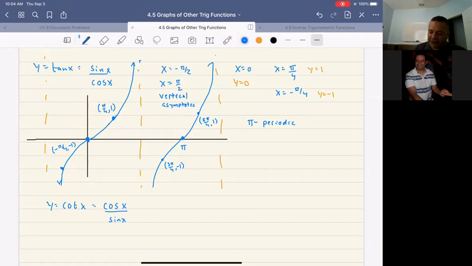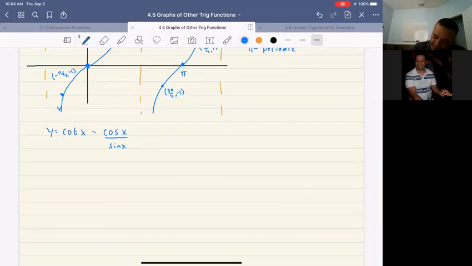So let's take a look at x equals 0, the same basic 4 points: x equals pi over 4, x equals pi over 2, x equals 3 pi over 4, and then we're going to lump in 0 with pi.